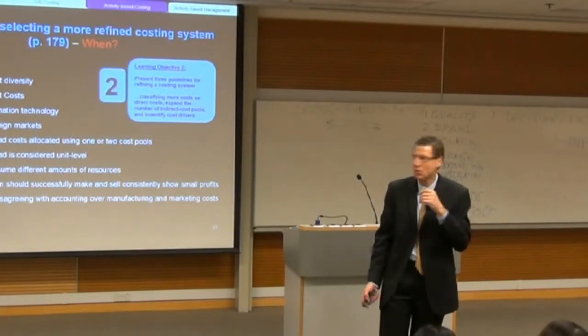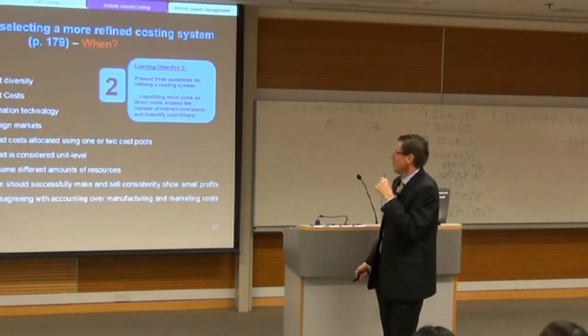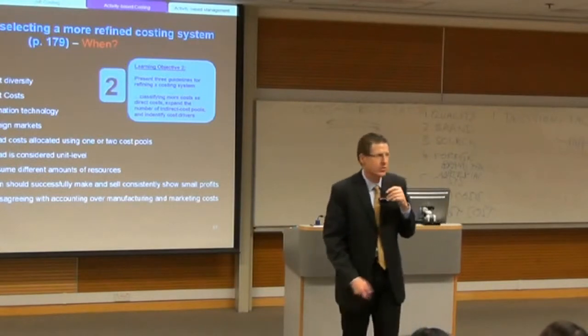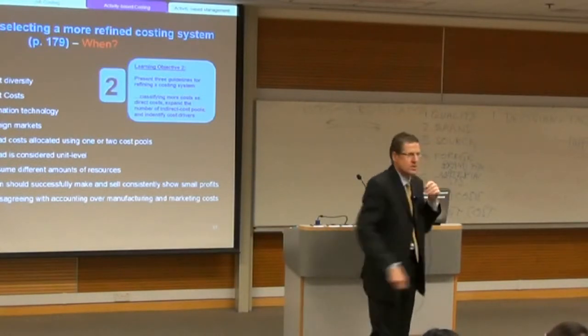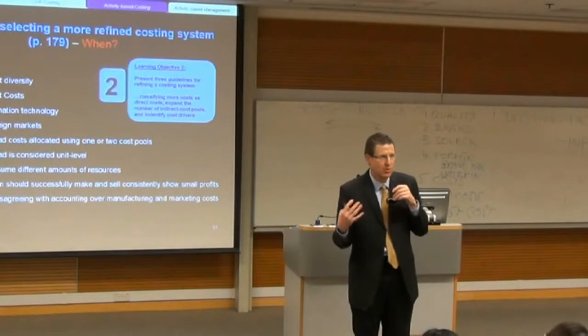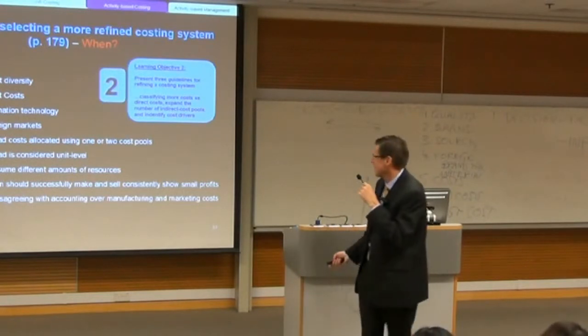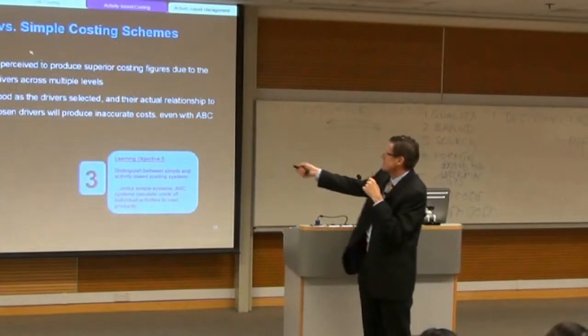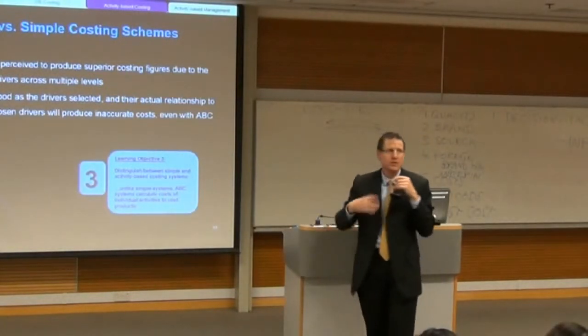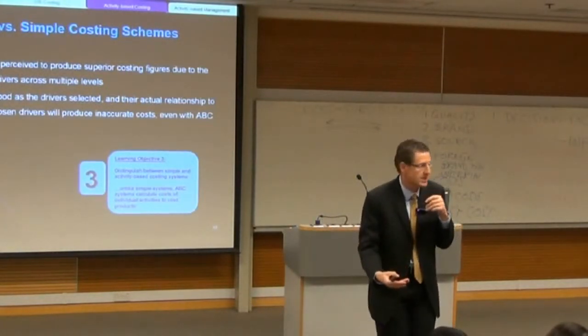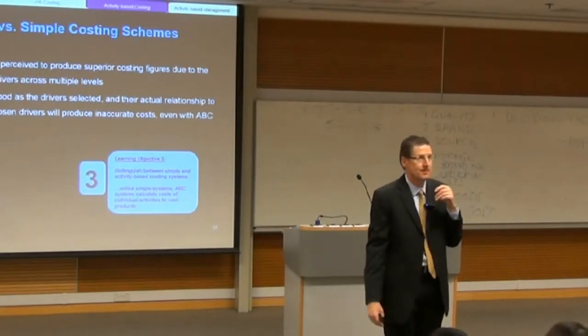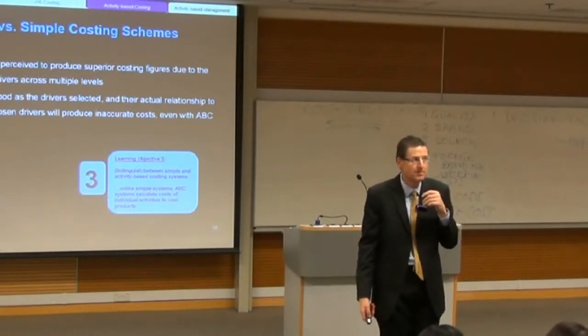Okay, sort of about why we need to limit this cross-subsidization, why some products get more allocation than another when it should be the other way around. So simple costing schemes result in cross-subsidization. They do. It happens.